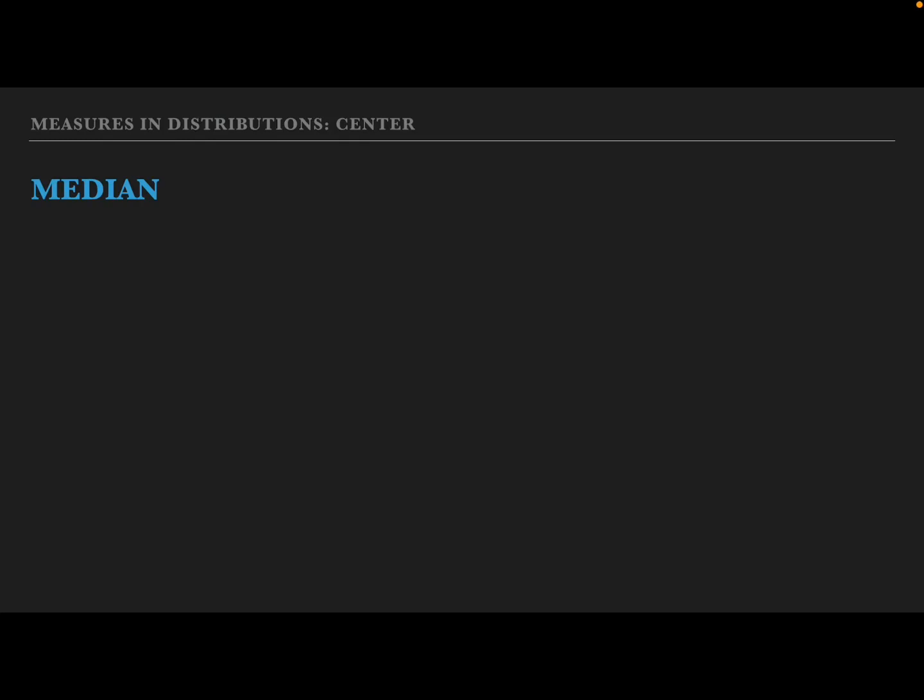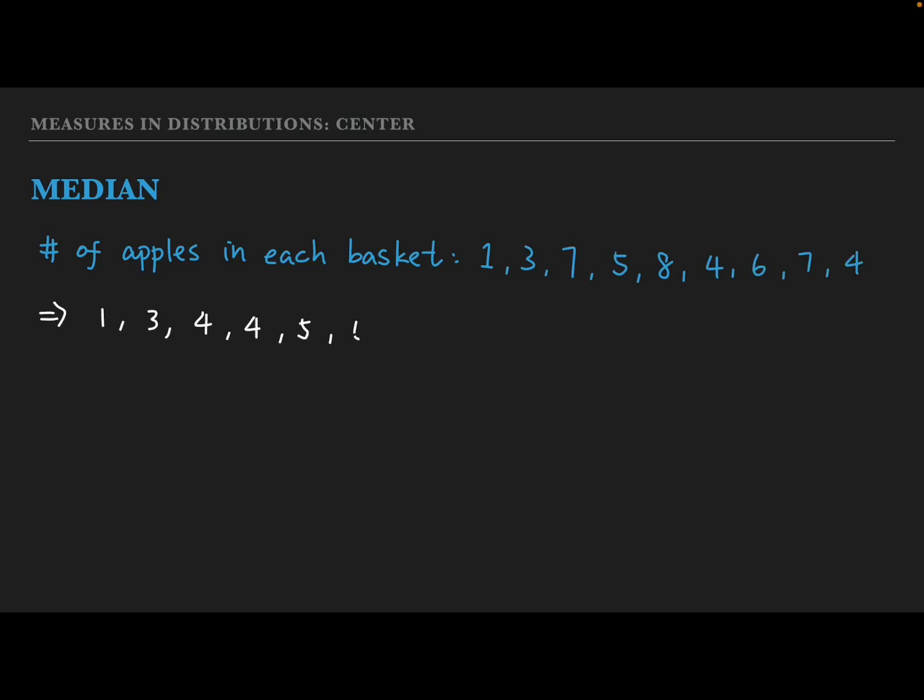The median is the middle number of a set of numbers arranged numerically in either ascending or descending order. With an odd number of elements, the median is exactly in the middle. In this example, we first arrange the numbers from the smallest to the biggest. Then we can easily see that 5 is the median because there is an equal number of elements in each side.